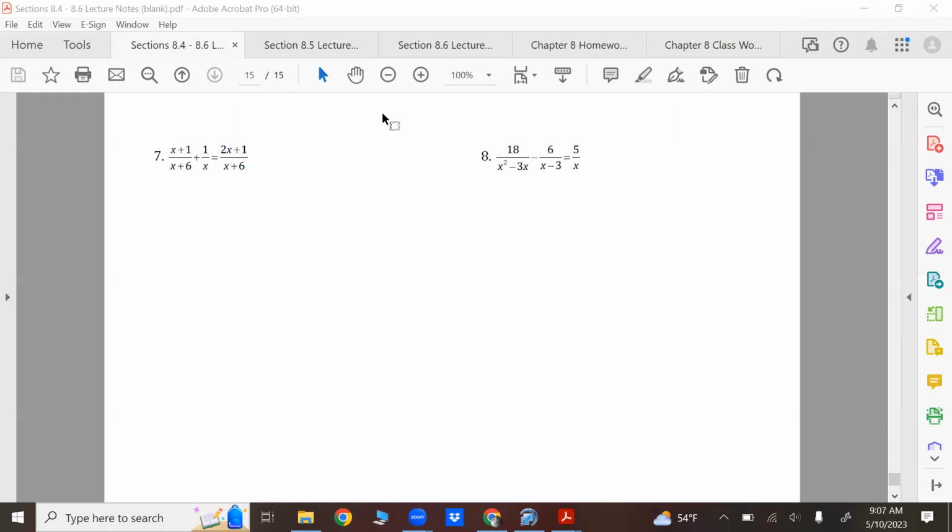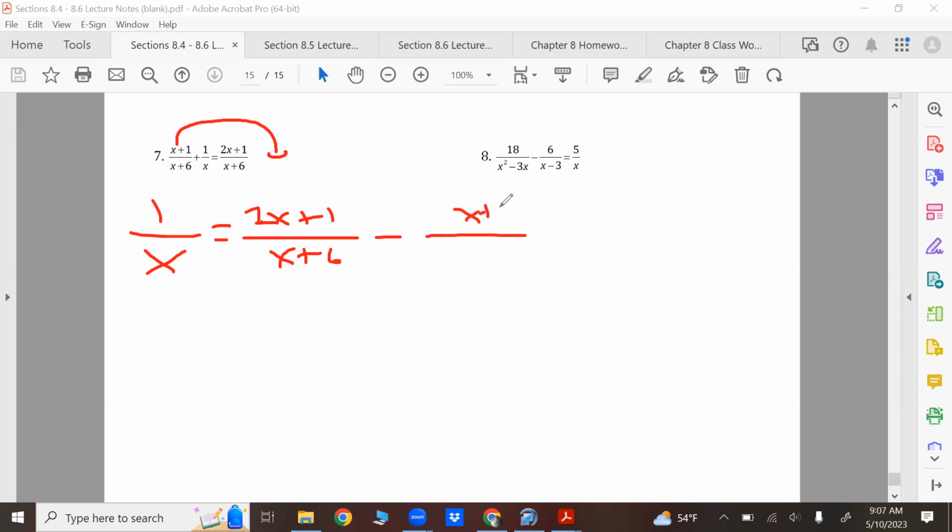So here's what we're gonna do. For number 7 of page 15, I would probably bring this fraction over here. Get 1 over x. Last page, guys.